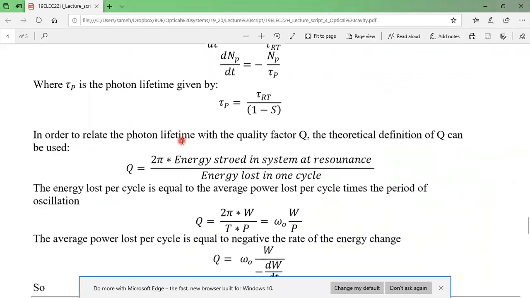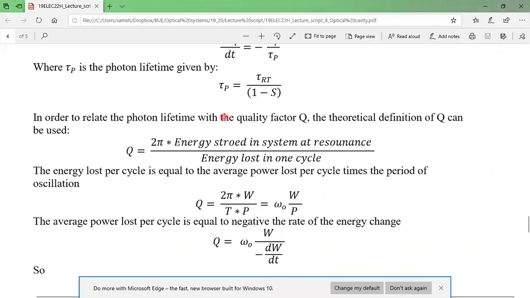We will say that Q equals 2 pi times the energy stored in the system at resonance over the energy lost in one cycle. How can we understand this physical meaning? Again, Q is the measure of the sharpness of the signal.